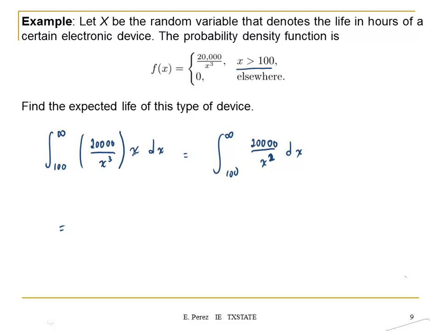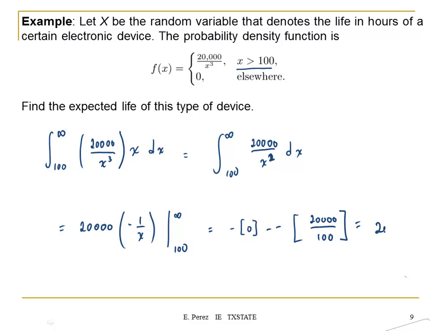You cancel x. Yes, you cancel x, so you get square. And then you solve this. This is 20,000 times negative 1 over x. So this equals minus, this is 0, minus 20,000 over 100.